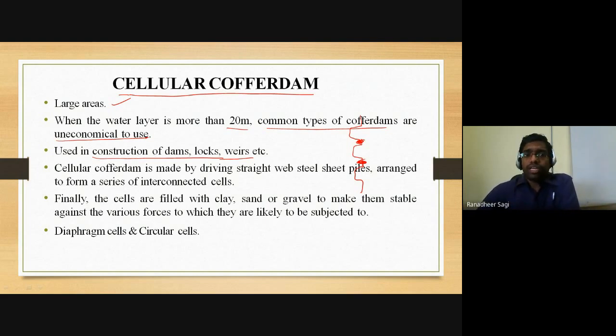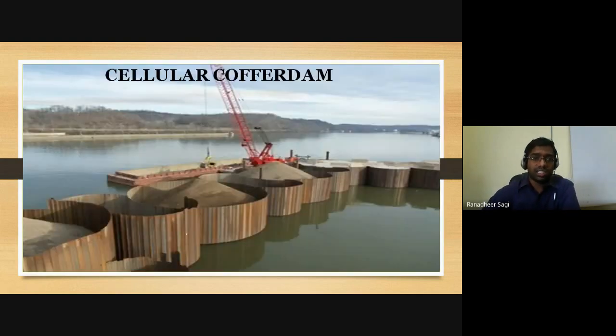When it comes to this cellular cofferdam, you are going to be talking about two different types of cells which are used to connect one portion of the cofferdam to the other. Those cells with which you construct the cellular cofferdam could be either diaphragm cells or circular cross-sectional cells. A cell is nothing but this shape we are talking about.